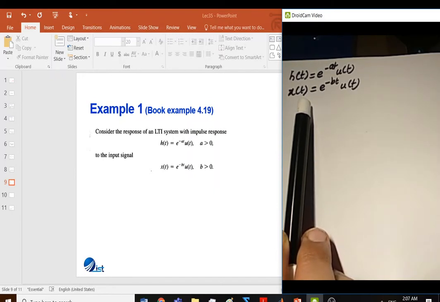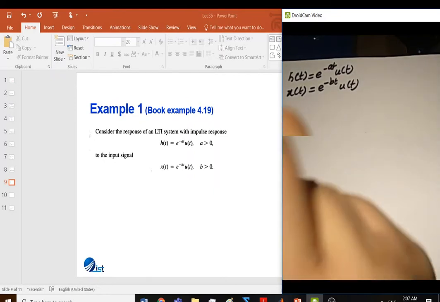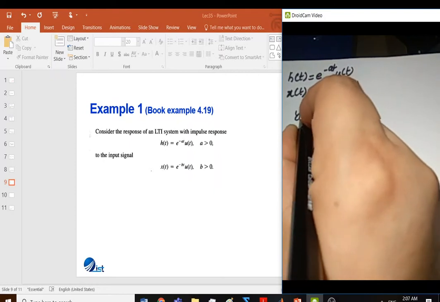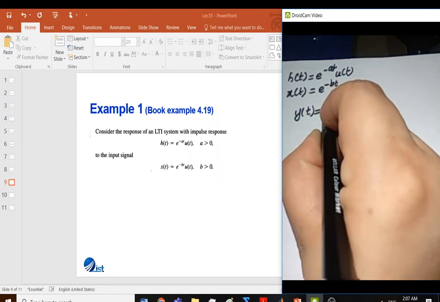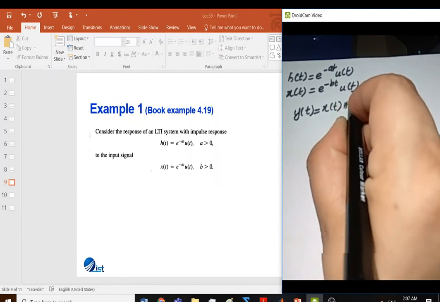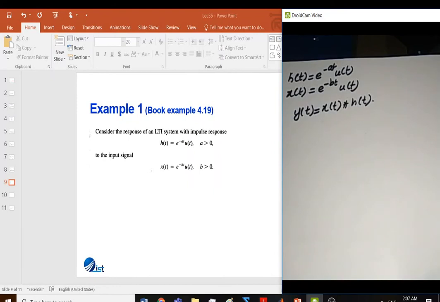We know that for an LTI system, the output y of t is given by x of t convolved with h of t. When no method is mentioned, you can use any method you like. For example, this example can be solved through the time domain convolution techniques we discussed in chapter 2.